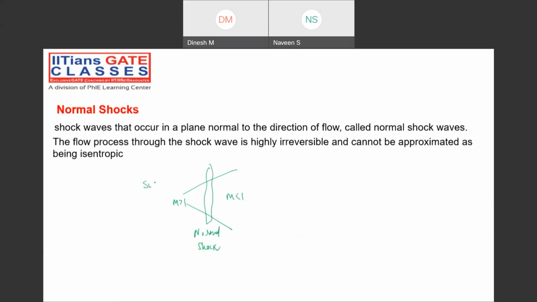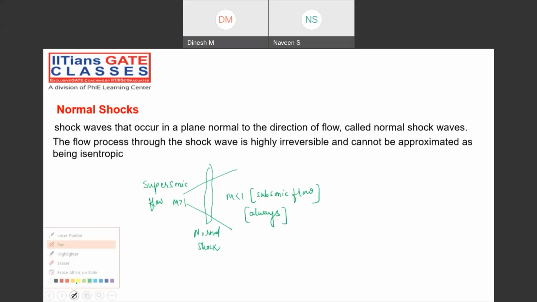That means supersonic flow will be converted to subsonic flow always. Supersonic flow will be converted to subsonic flow, my dear friend.